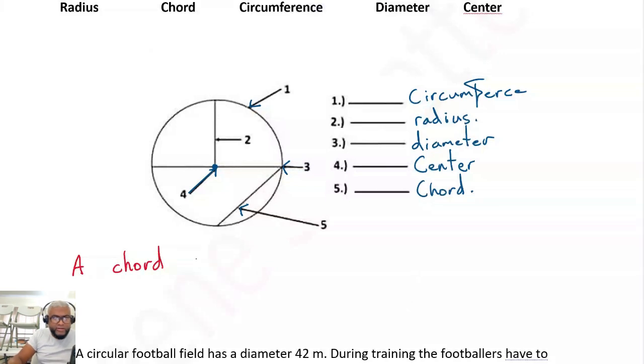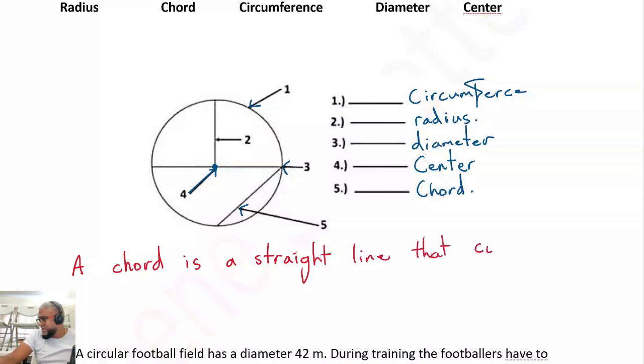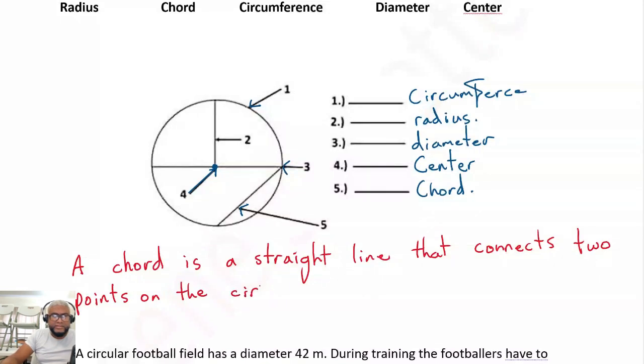So a chord is a straight line that connects two points on the circumference.